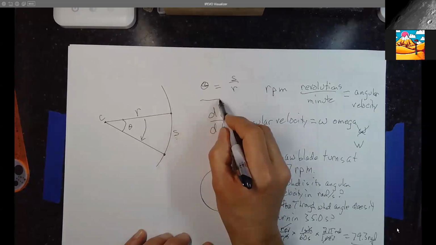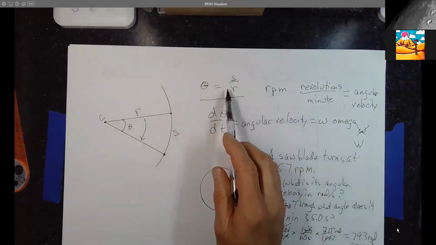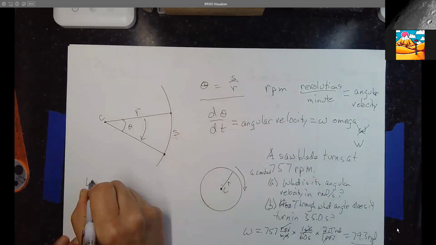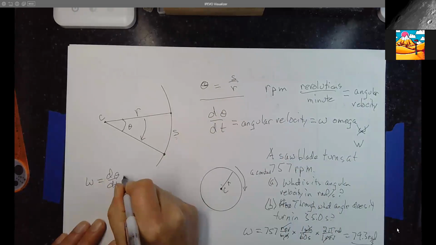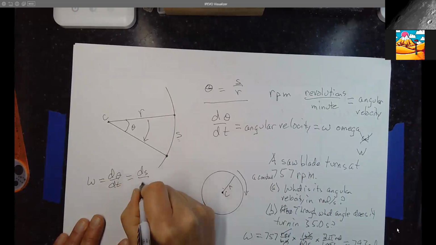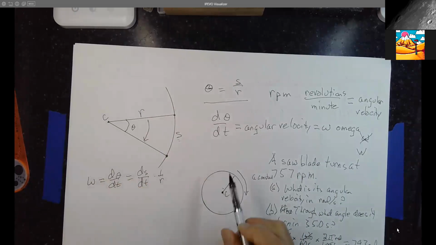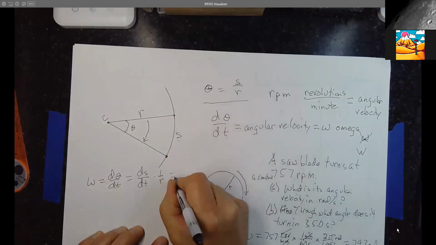But because theta is going to equal this quantity, I can actually take a derivative of this thing as well. So my omega, which is d theta dt, is going to equal ds dt times 1 over r. Okay, the 1 over r is a constant. I could stick it in front.